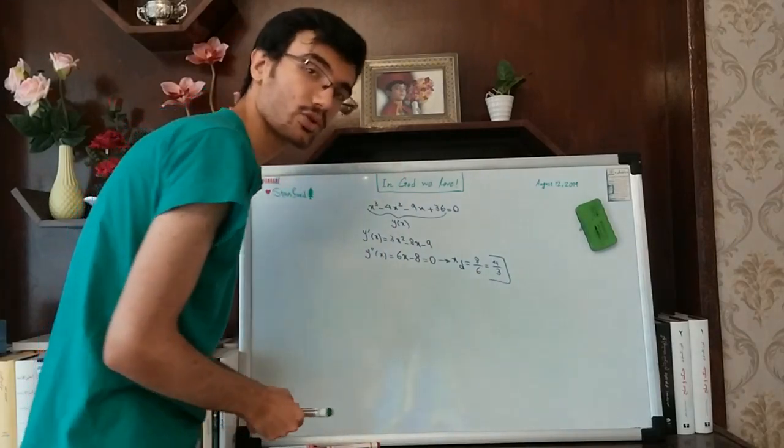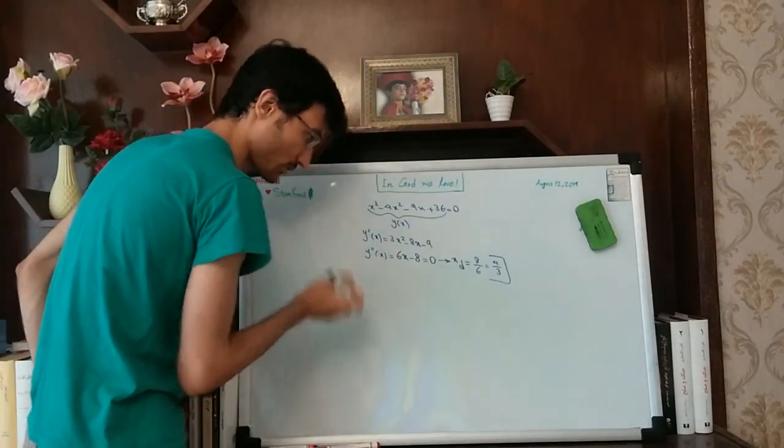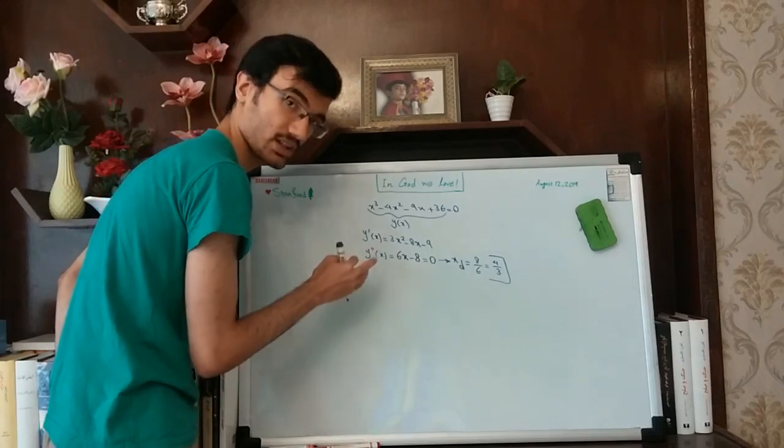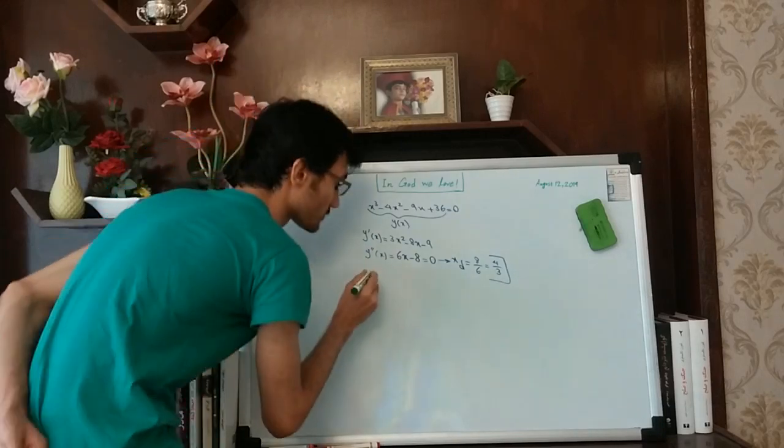Then we should find v0 and v1. But before that, we need to find yd and y prime d.